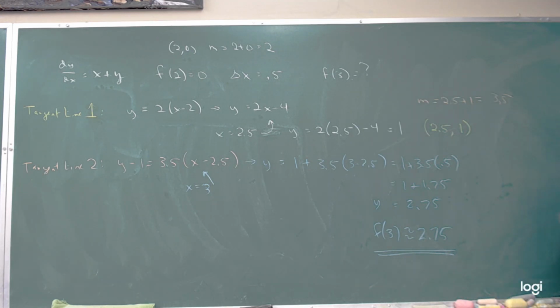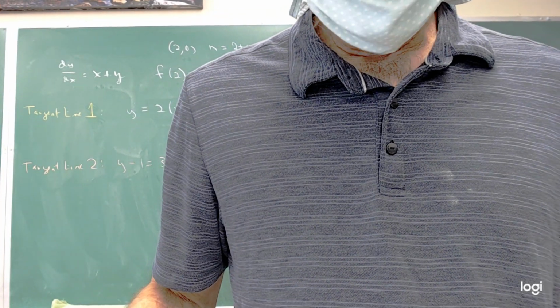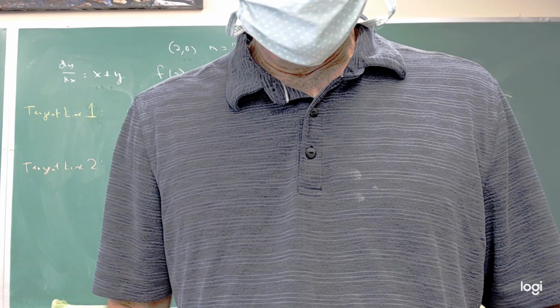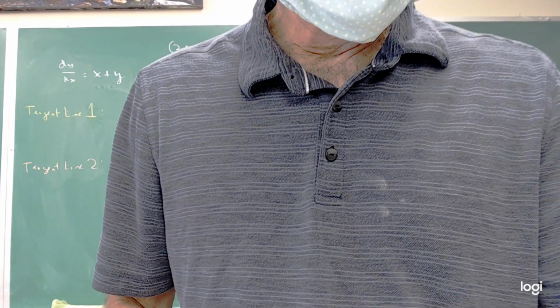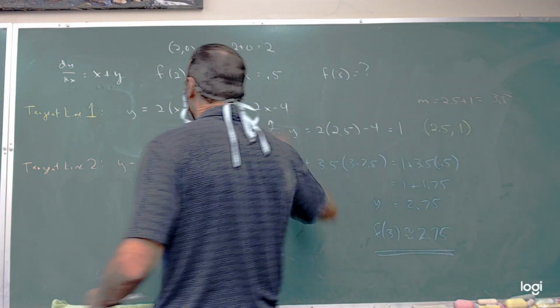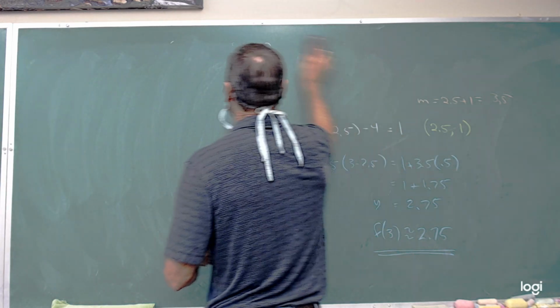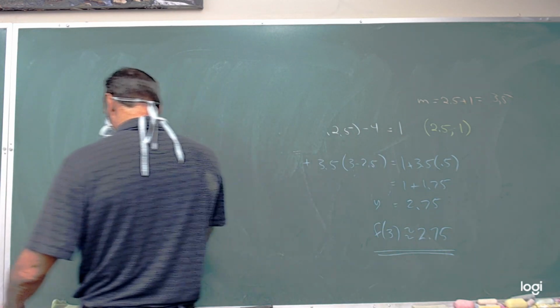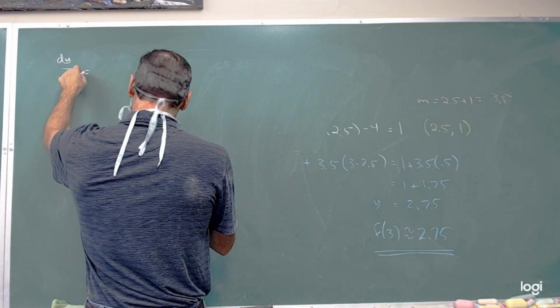Okay, so let's try one. We can come to the board if you like, or you can do it at your desk if you'd rather. So we're going to say dy dx is going to be 2x minus y.